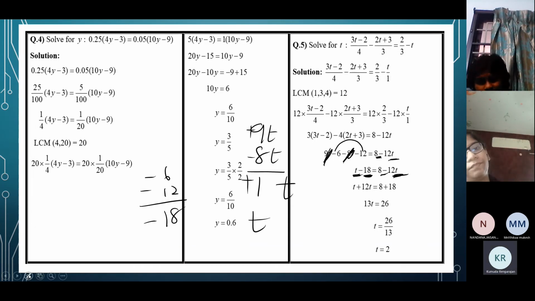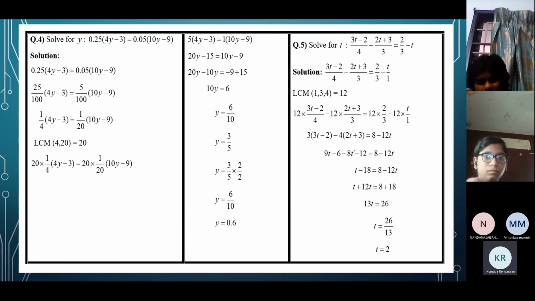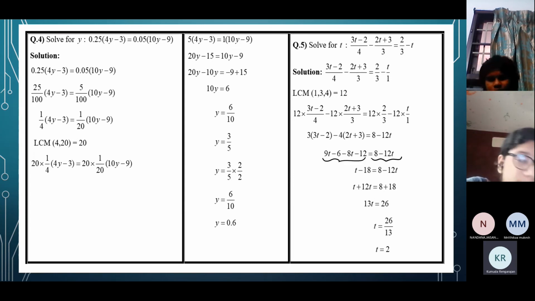Now transpose. That is, we have simplified the left hand side and the right hand side. So this minus 12t will go to the other side as plus 12t. Minus 8 will come to this side as plus 8, minus 18 will come to the RHS as plus 18.